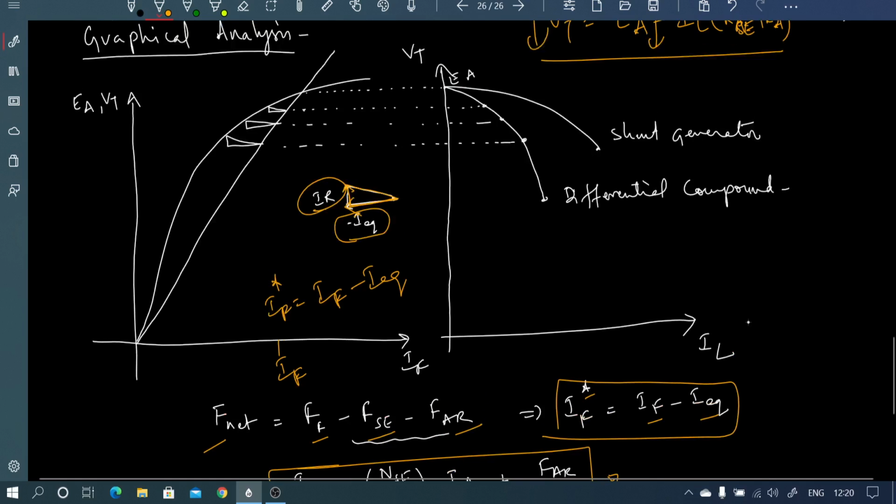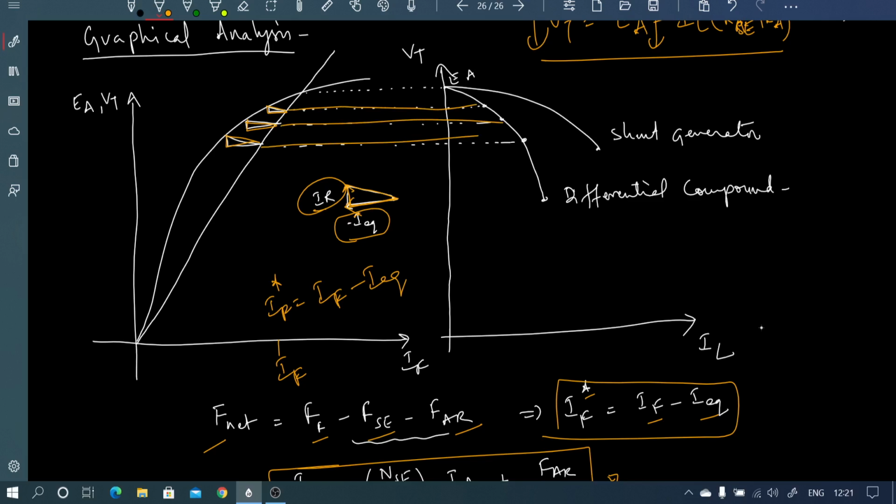So I will be placing this triangle touching the OCC and the RF line. Then I can calculate the corresponding voltages on the terminal characteristics VT versus IL for the corresponding load currents. Okay, as the load current increases, the terminal voltage falls.